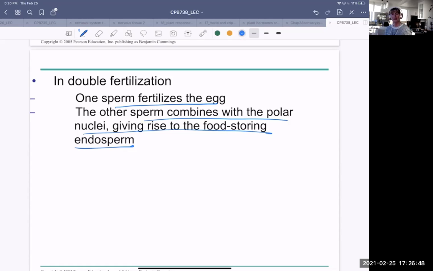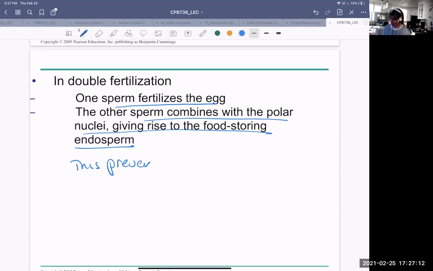It contains protein and lipids and carbohydrates. It contains the nutrients that the embryo is going to need to grow. So it's a waste to invest energy in the nutrients if you're not even going to have an embryo.